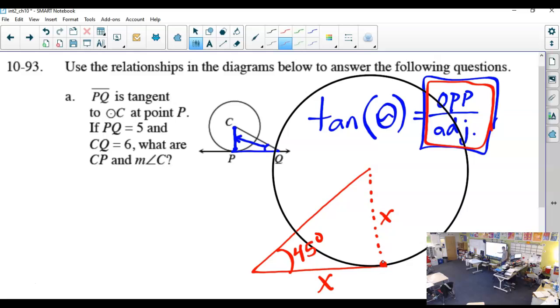If we draw a legit tangent line and relate it to this angle measure, this is where tangent comes from. Opposite over adjacent: opposite is really your radius, adjacent is the length of the tangent line to that tangent point. So this is where everything ties back together. Trigonometry is not just dealing with triangles, it's dealing with circles and triangles and their relationships.